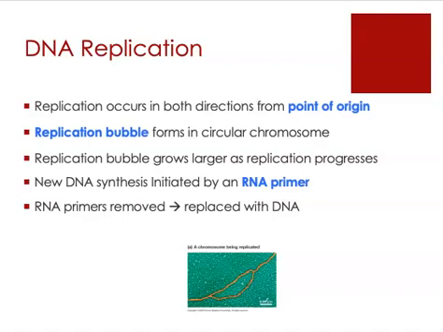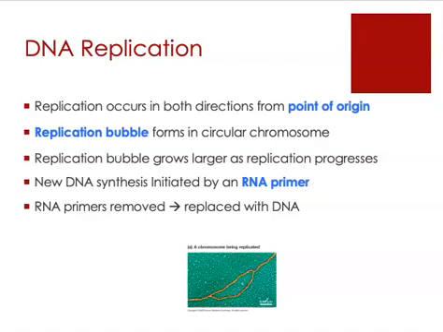Remember that prokaryotic cells have a circular chromosome. If we took all of the histone-like proteins away from the nucleoid, we would be left with a double helix of DNA in a big circle. Replication has to begin at a point. There's going to be one place in that circle that the process begins, and we call that the point of origin.